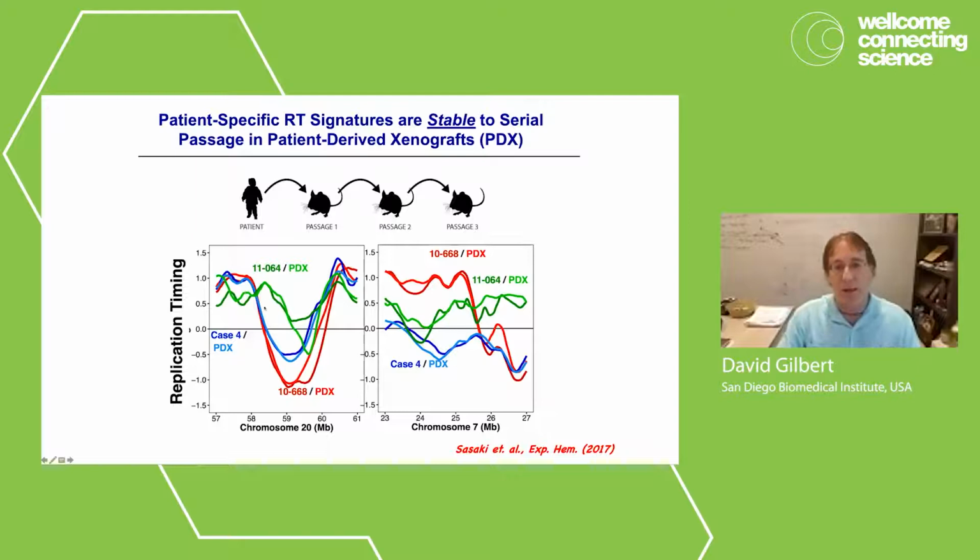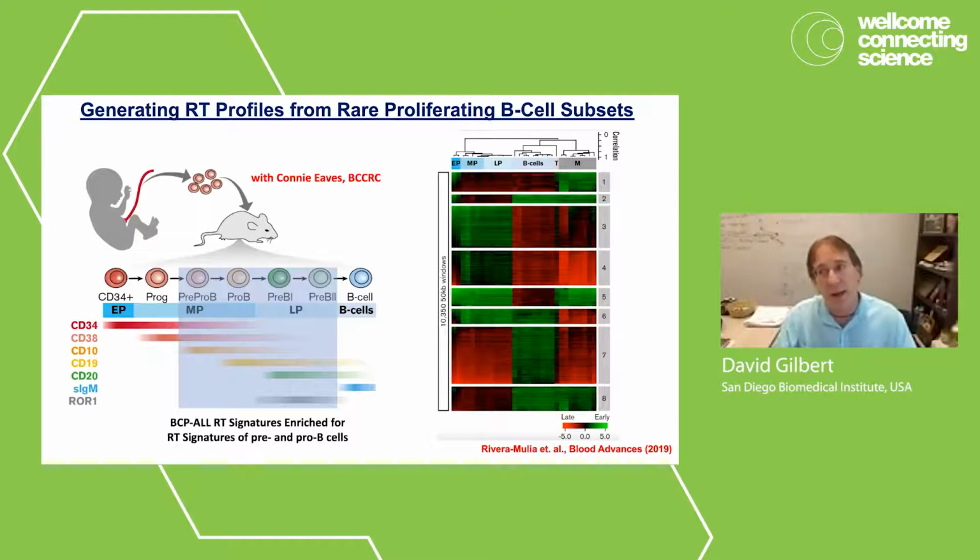And what you can see here is that the patient-specific replication timing patterns are conserved between the patient's original sample and the cells that are coming out of the PDX. So that says that these are extremely stable events. And we think they're epigenetic because of the very low mutational load in these cancers, but we, of course, don't have proof that they don't have some genetic origin.